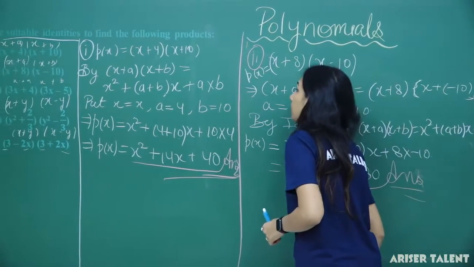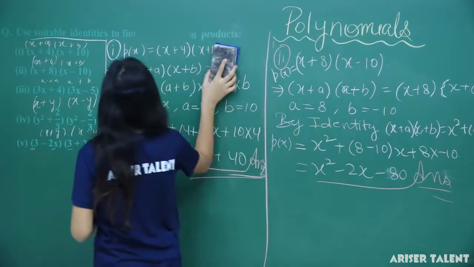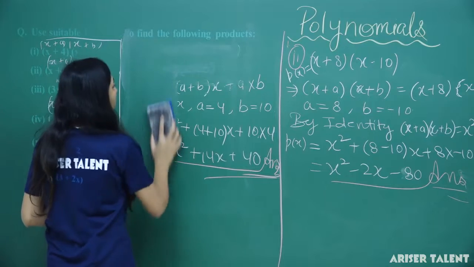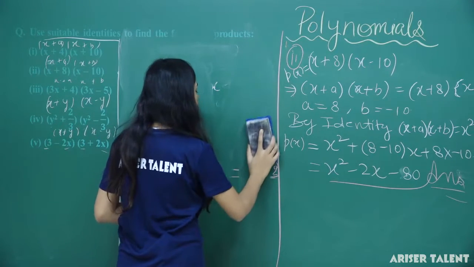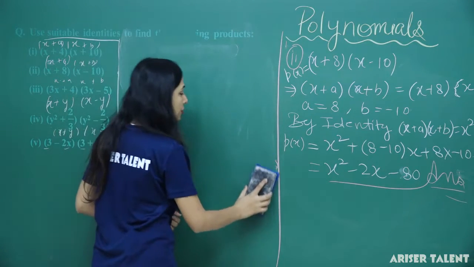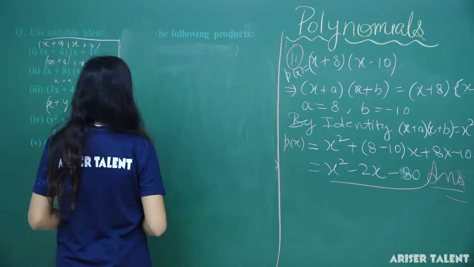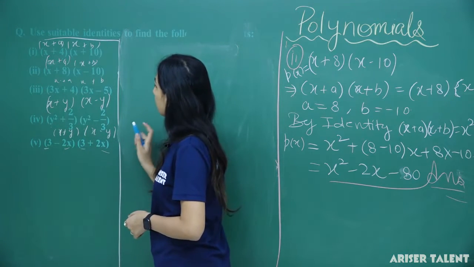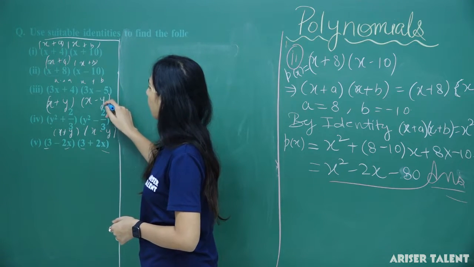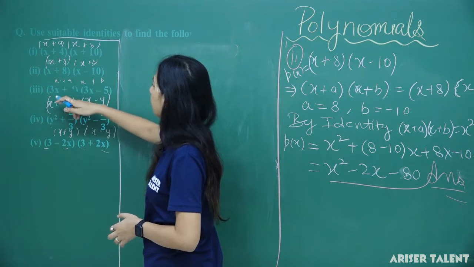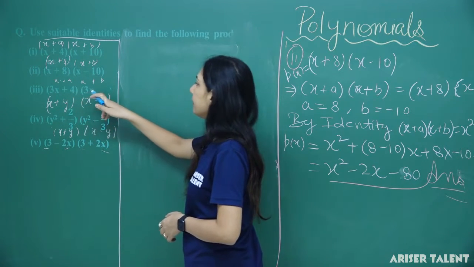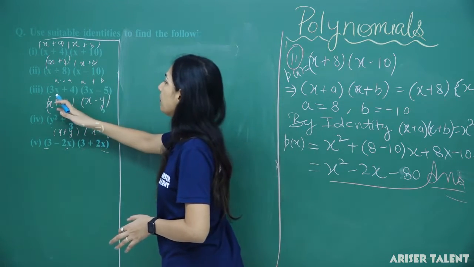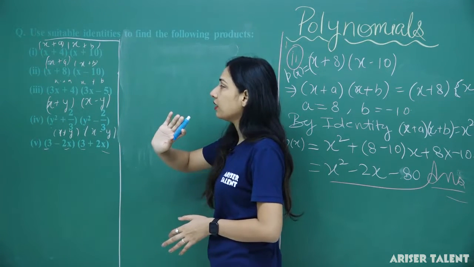Okay. So for the third solution, there is a slight change. This is a minus. Okay, this is the exact format. Now you can also write 3x plus 4 and 3x minus 5 as 3x minus 5 multiplied by 3x plus 4.